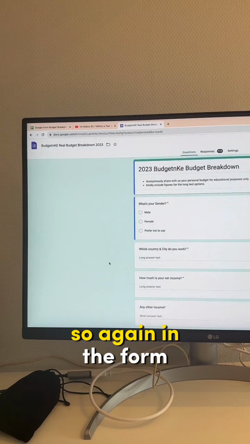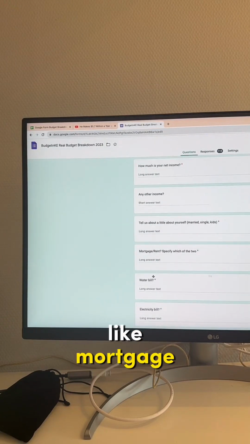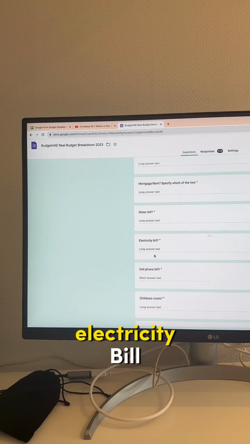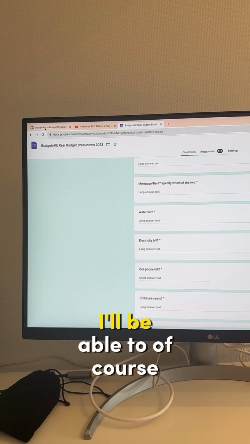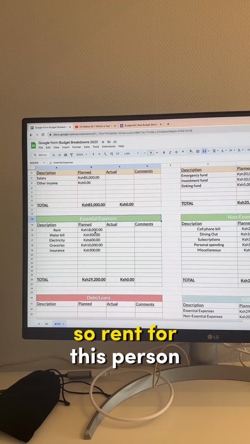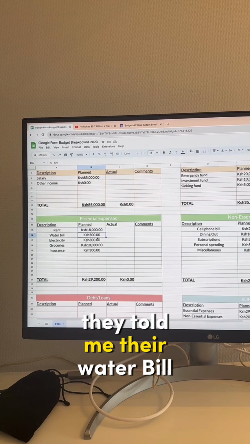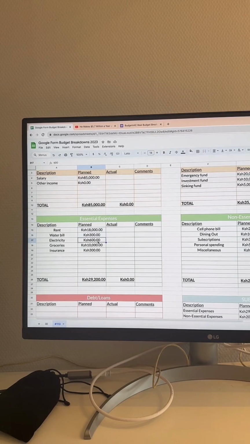So again, in the form you'll see essential expenses include mortgage, rent, water bill, electricity bill. So if you fill it out correctly, I'll be able to fill out the form for you correctly as well. So rent for this person, for example, is 18,000. They told me their water bill was 300, electricity was 600, their groceries was 10k, and insurance was around 300. So 29,200.